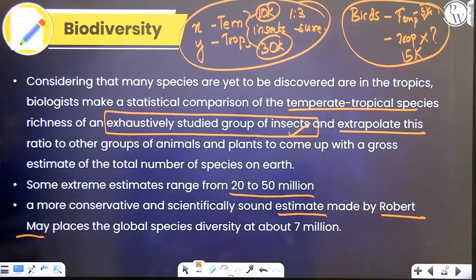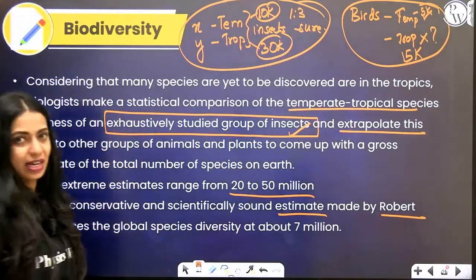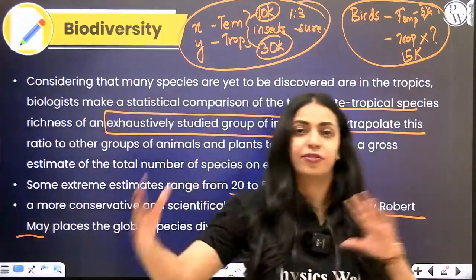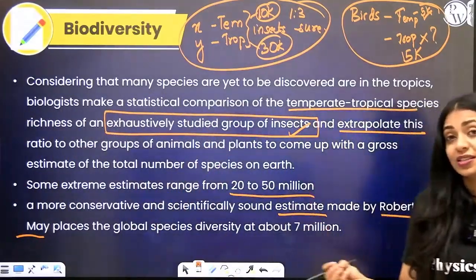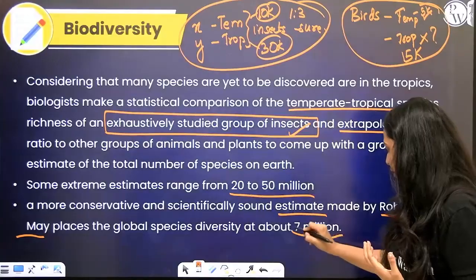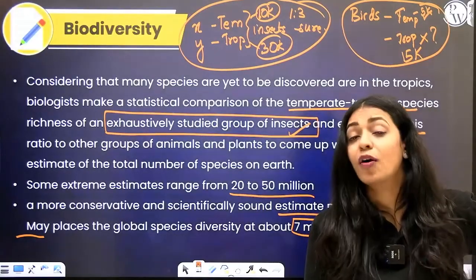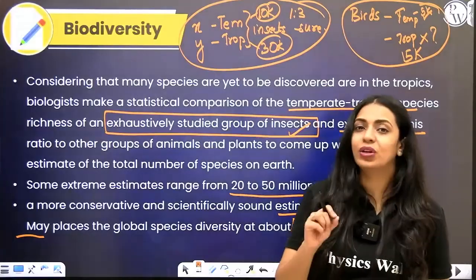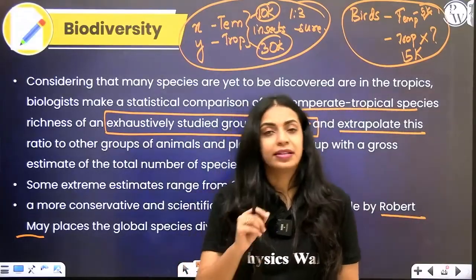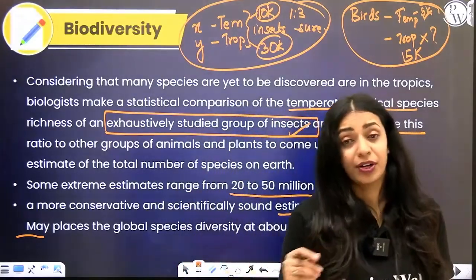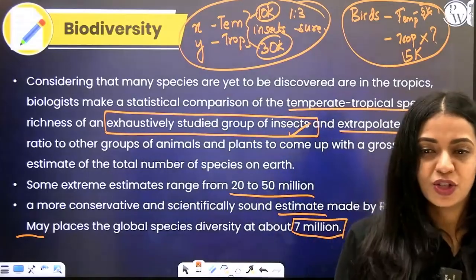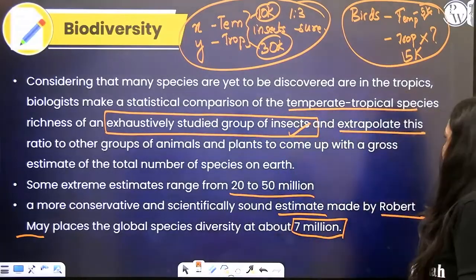So Robert May says that the global species diversity across different parts of the Earth might be about 7 million. Okay, of 7 million total species, we've only described, discovered, studied 1.5 million species so far, right?